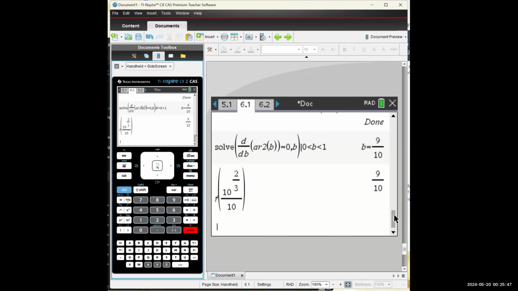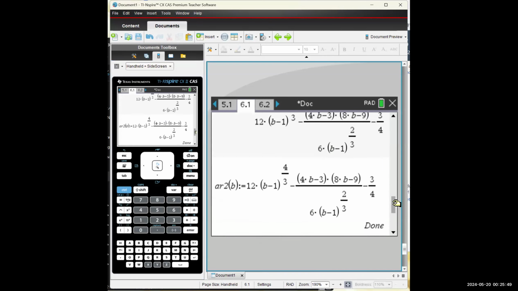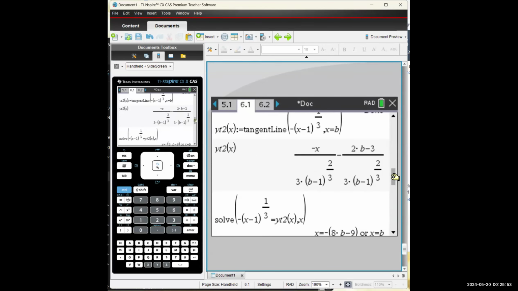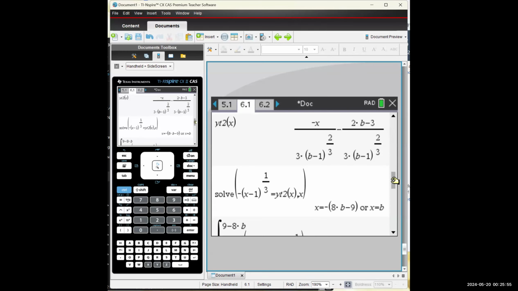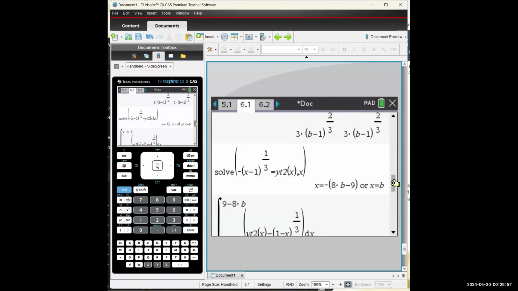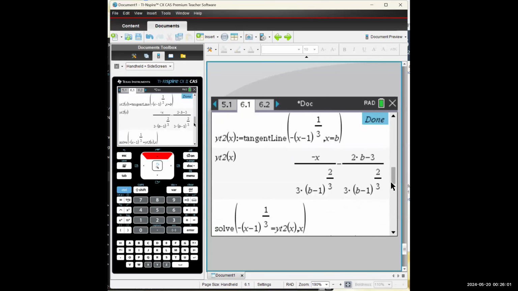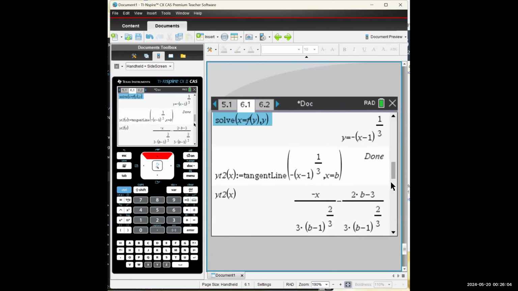But to be honest, if you really want to get a clear idea of what's happening, instead of relying on some intuition or gut feeling, you really have to follow the following steps. 1, find the inverse function, which is very straightforward. 2, use the tangent line command to get the tangent to this inverse graph at x equals b.